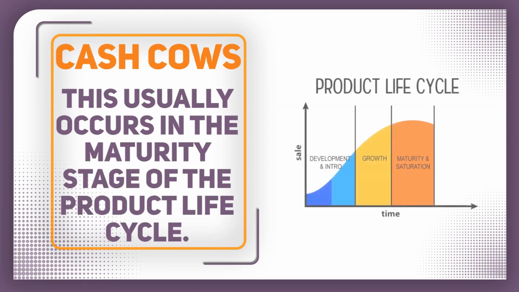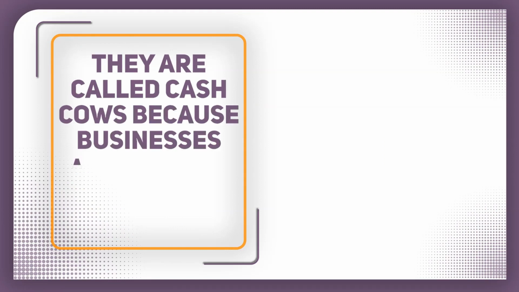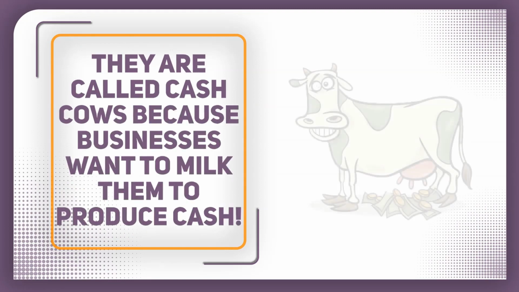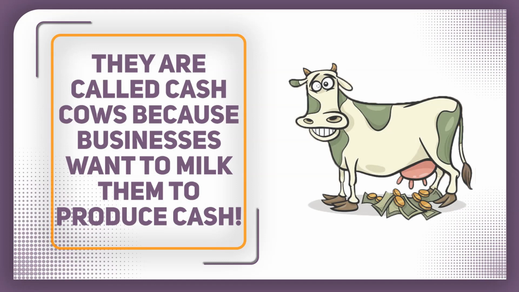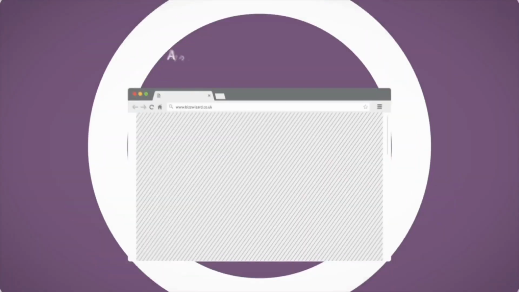These products are usually well established, have high sales, and are very profitable. They generate cash and are unlikely to need a huge amount of investment in product development. They are called cash cows because businesses want to milk them to produce cash. Some of this cash can be invested in developing new products, usually stars, to become the cash cows of the future. Businesses want to milk their cash cows for as long as possible.